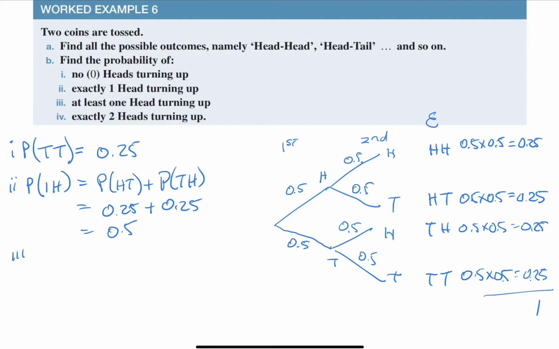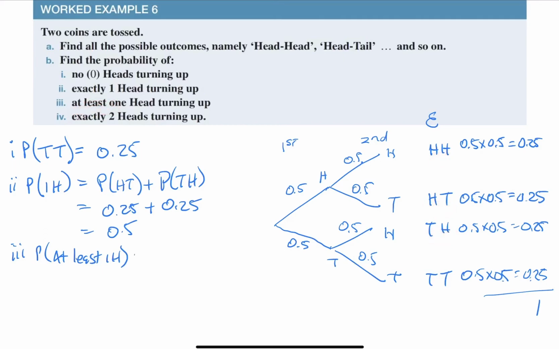For number 3, they say probability of getting at least 1 head. To do that, it now includes something that we've left out. This one does include at least, because there's 2 heads, it does cover at least 1. So at least 1 is 1 or more. So it's this one, and this one.